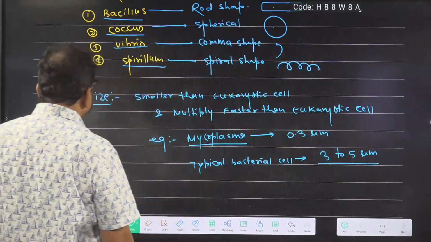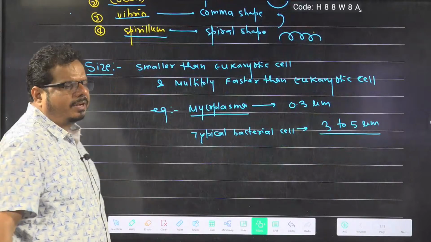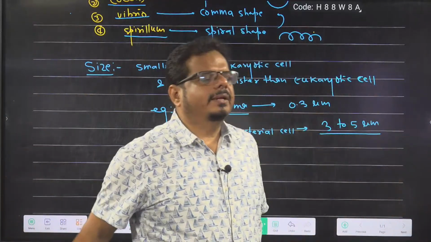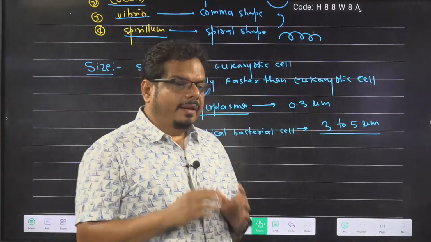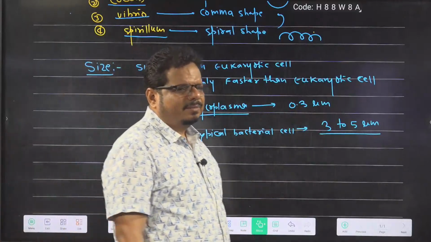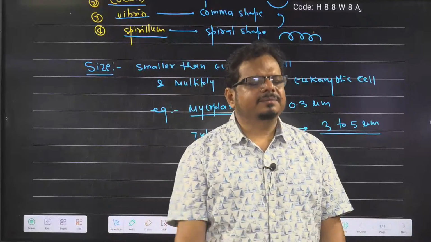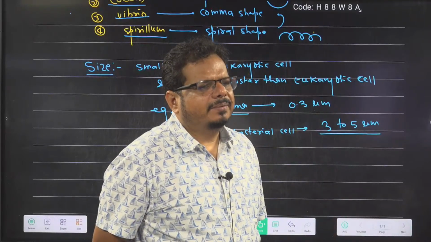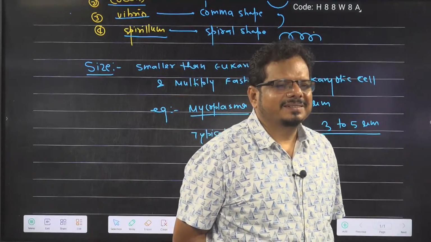So we have seen the shape of prokaryotic cell. We have seen the size of prokaryotic cell. We also discussed that usually a prokaryotic cell is smaller than a eukaryotic cell, but it can multiply faster. So if I ask a small question based on a concept I taught you earlier, who usually has more surface area to volume ratio, prokaryotic cell or eukaryotic cell? Answer it.